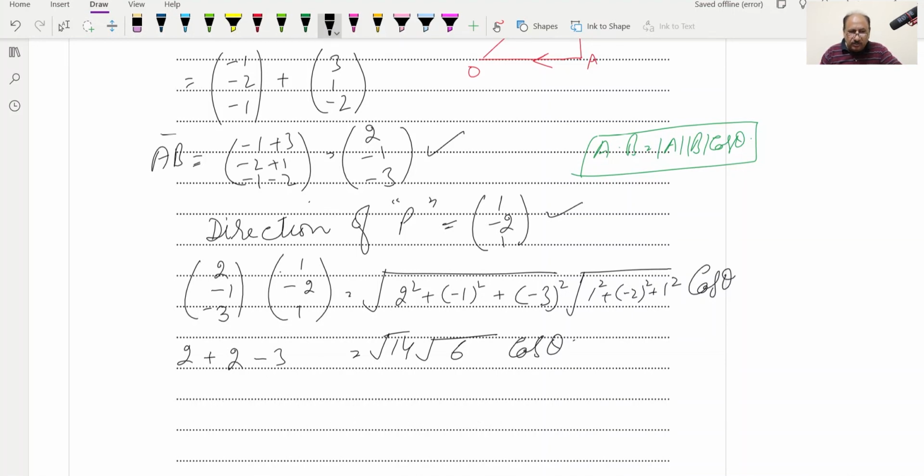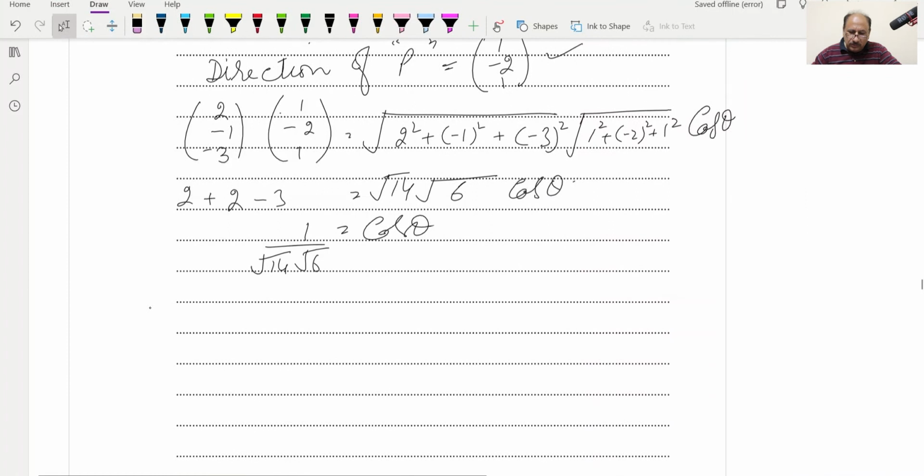Now we can rewrite this as 2 plus 2 is 4, minus 3 will be 1, and this is equal to 1 over root 14 root 6 cos of theta. Theta will be equal to cos inverse of 1 over root 14 root 6.